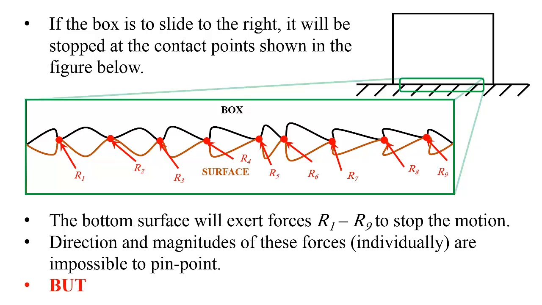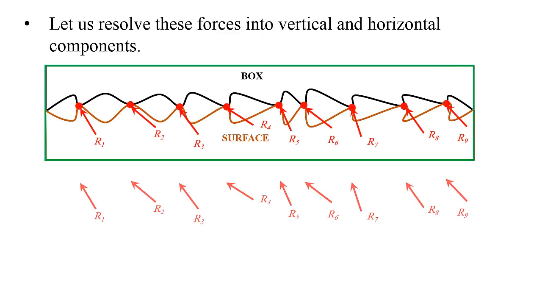Alright? So, what is the trick here? The trick here is if we can resolve these forces into vertical and horizontal components, we can learn a lot about them. So, in this figure shown on the screen right now, I've taken all the resisting forces out of the image and put them on a white background so we can resolve them.